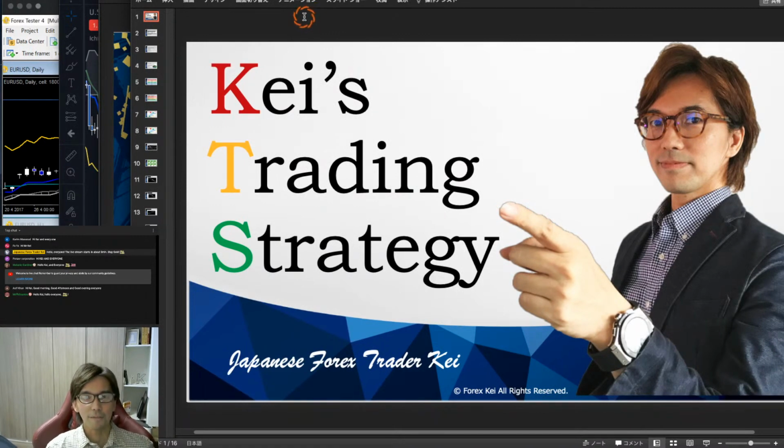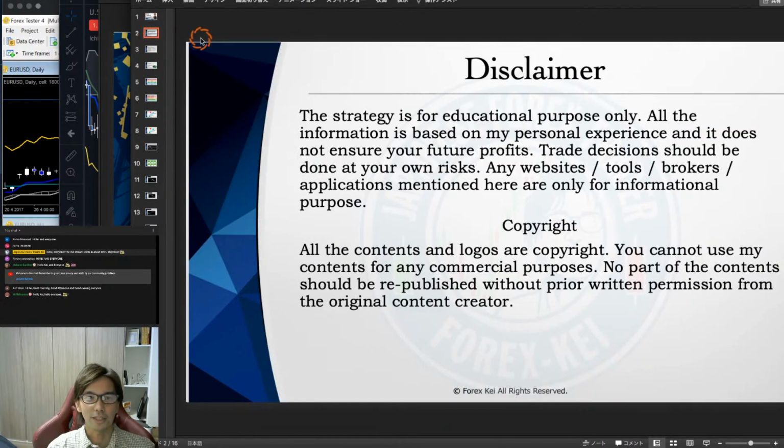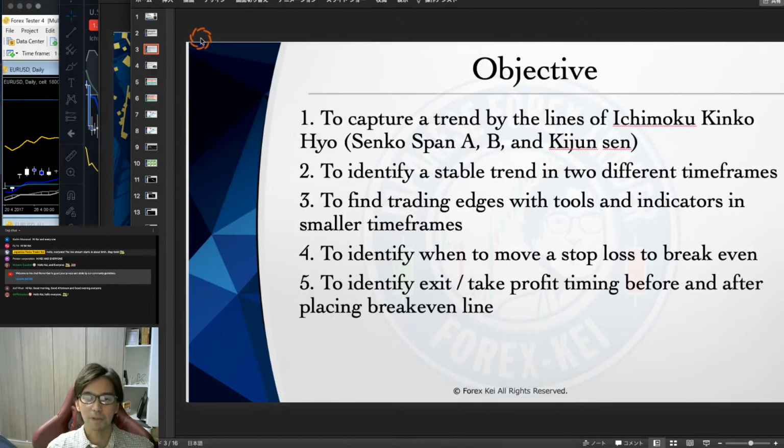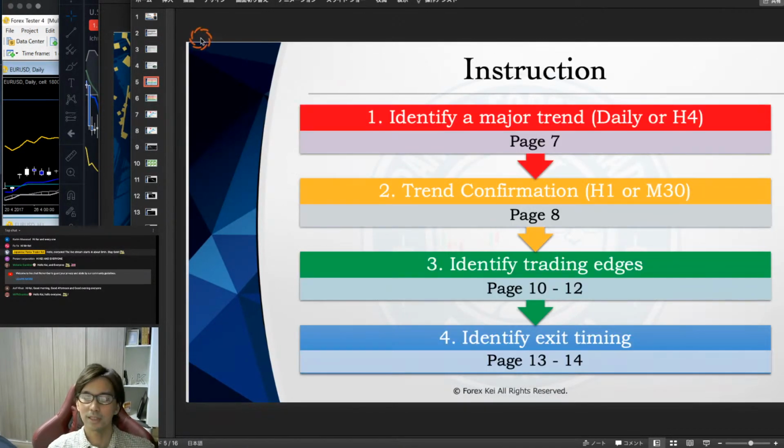In this PDF, I showed you step by step how I catch the trending market and also get these trading edges. Every time I see the markets, I look at the daily chart or the 4 hour chart and 1 hour or 30 minute, and then I look for the entry timing on the 5 or 15 minute time frame.